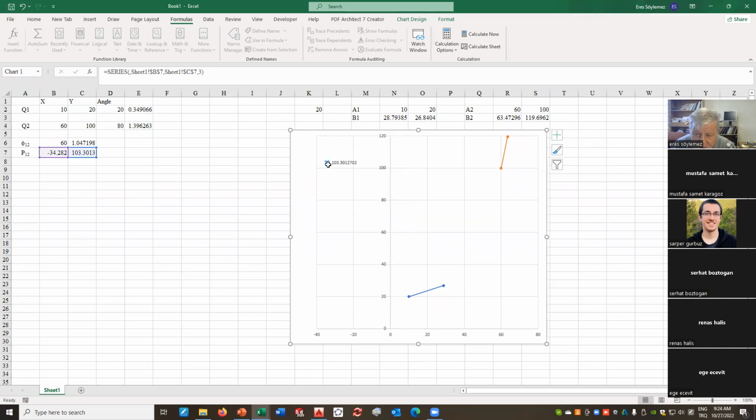Now, if you want, add label. I'll show that as well. P12. Usually it is small.